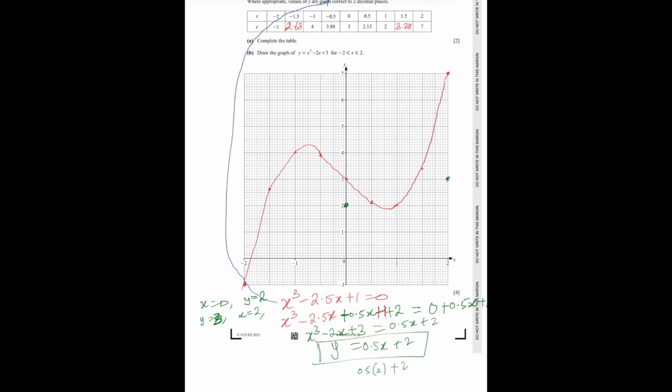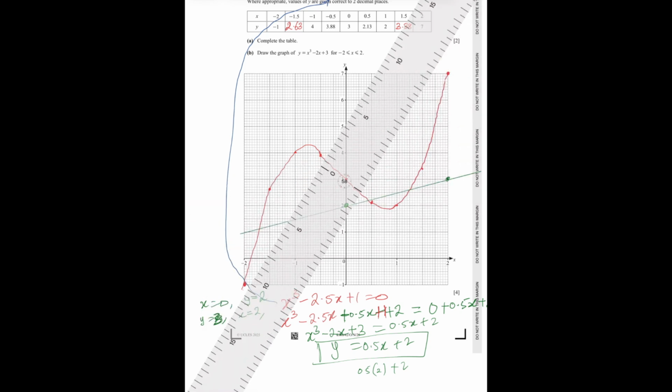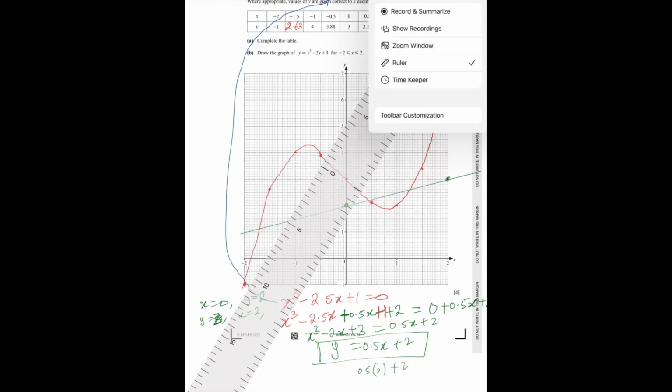So I'll take my scale and join those points together. So I will have something like this.